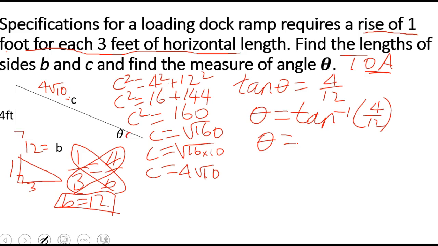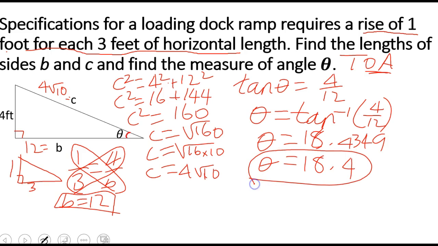Again, it's second function for tan. Second tan of 4 over 12 is like 18.4349 and so forth. So let's round again to the nearest tenth. And that will be that.